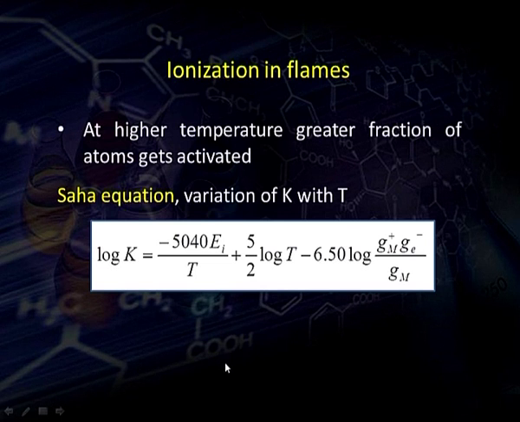At high temperature, a greater fraction of atoms gets activated. According to the Saha equation, this is the equation where the variation of K, that is the equilibrium constant, with temperature is shown.